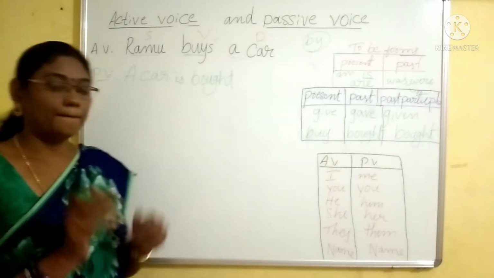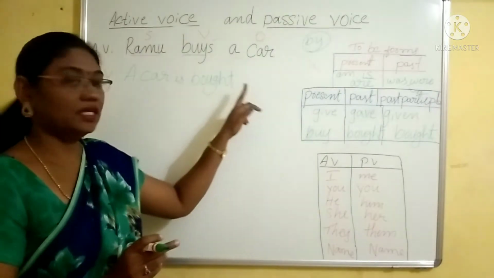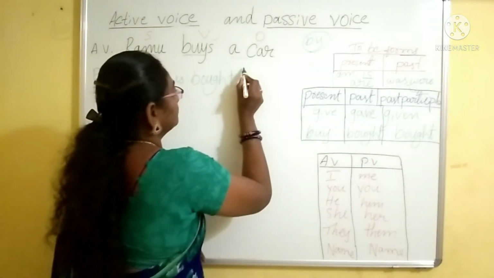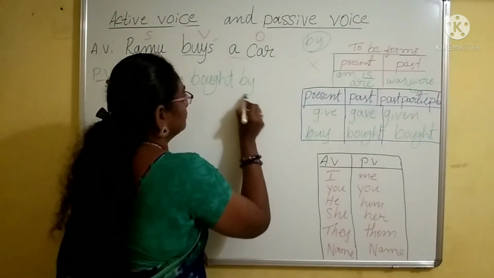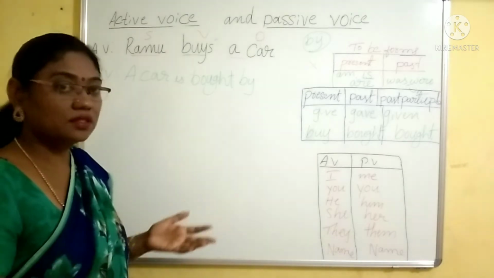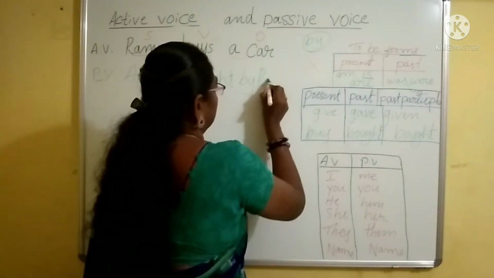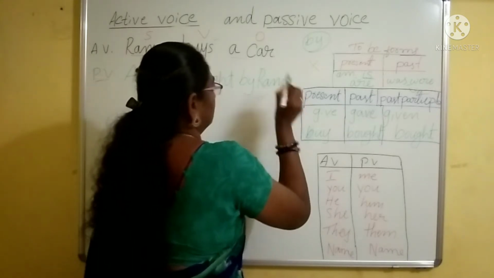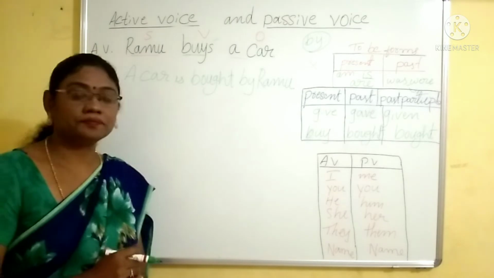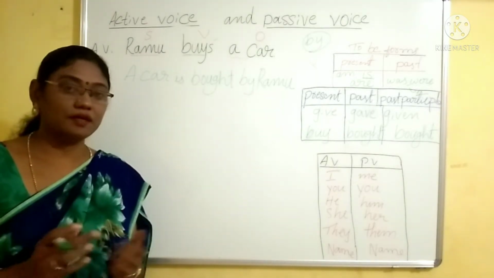After the V3, we have to add by. And what is there in the subject? Of course, Ram. This is what? Passive voice. Did you get the 3 steps?